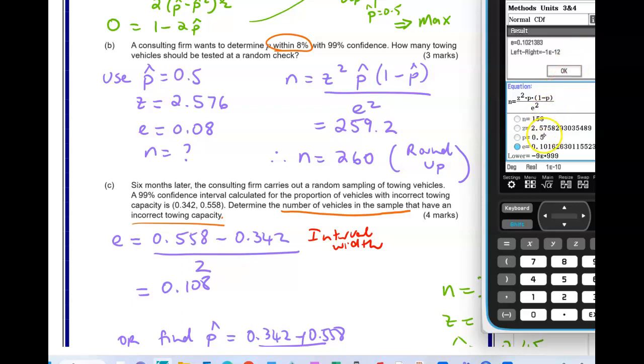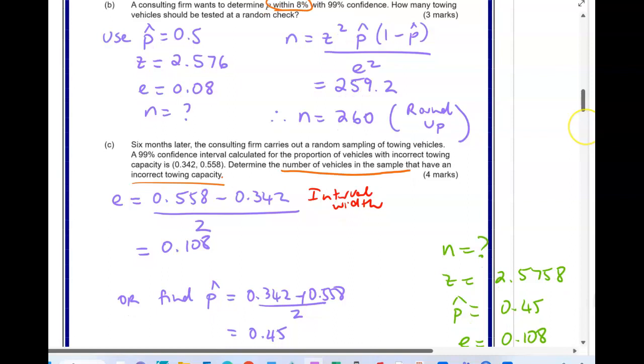No, N is 259, proportion is 0.5. Solve for E, I'm looking at 259 here. Try again. Okay, and you can see how that 0.08 has been exceeded, and hence the reason why we've got to use 260 as our N value, and when we solve for E, it's slightly lower than 0.08.